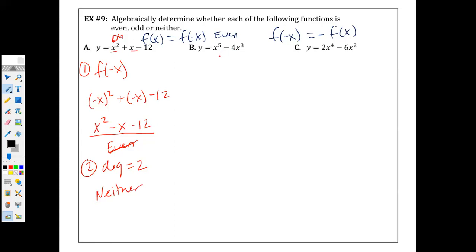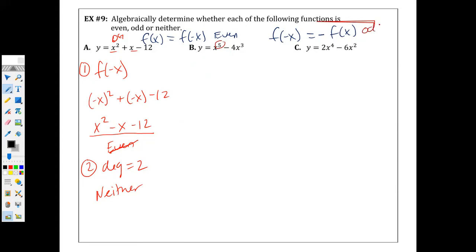Exactly. So here on this one, with that same knowledge, before I even test, I'm going to do f of negative x, but I know I'm going to have to do another step to test for odd because it is an odd degree. Does that make sense? Is 5 odd? So this is an odd degree polynomial. So I'm going to have to do this and another step because I have to find f of negative x and negative f of x.